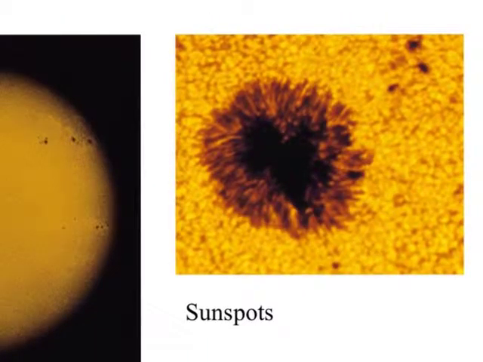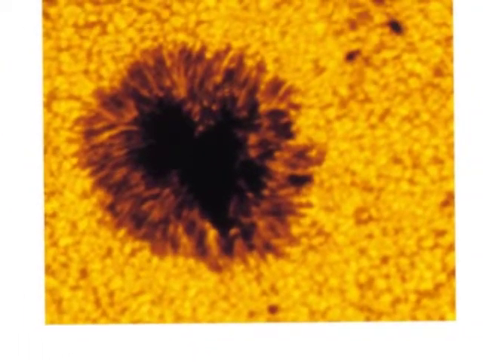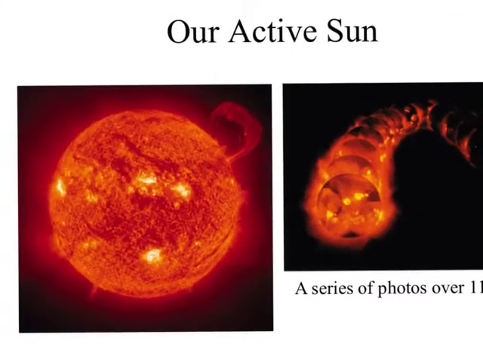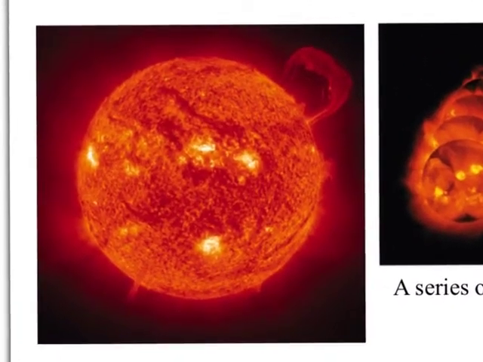If I could animate this region right here, you would see these granules, what we call convection, where hot blobs of the sun come up and then fall down in these little granules. So it's kind of cool, kind of creepy looking, the sun. The sun's an awesome object in and of itself.